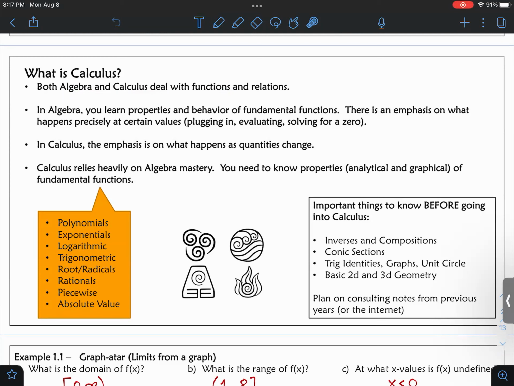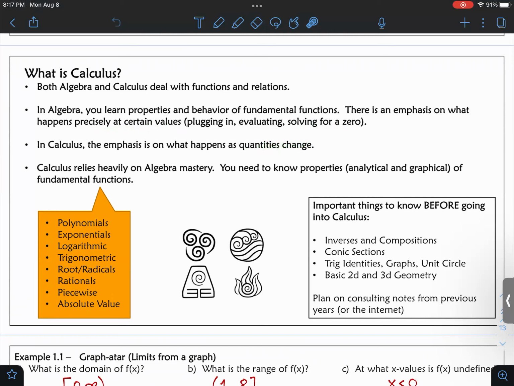In algebra, we learned about the properties of the most common functions, but there was an emphasis on what's happening at specific locations, or for specific values of x: what y value do you get, or at what x values do you have a zero in your function, things like that. In calculus, the emphasis is now on what happens as quantities are changing.